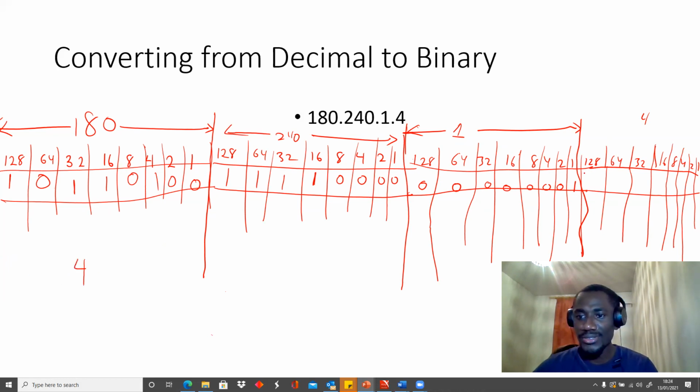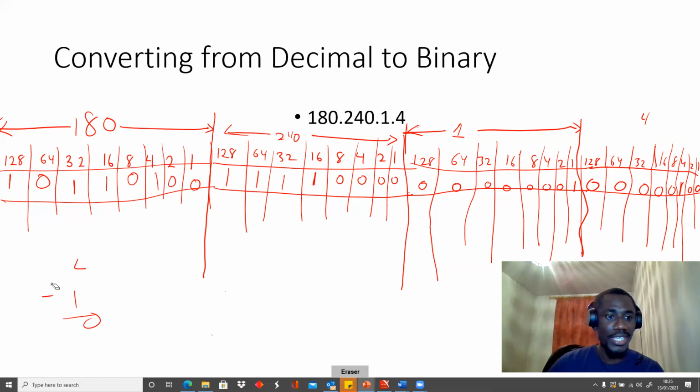Can we buy 128? No, we cannot buy 128 because we only have 4 pounds. Can we buy 64? No, we cannot. We cannot buy 32. Yes, we can buy 4. We cannot buy 2. So if you buy 4, we are left with 0. We cannot buy 2 or 1 also. So this is what we have in binary.